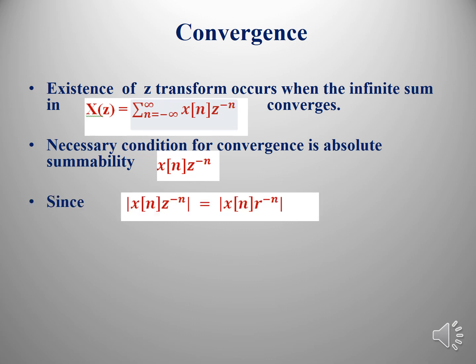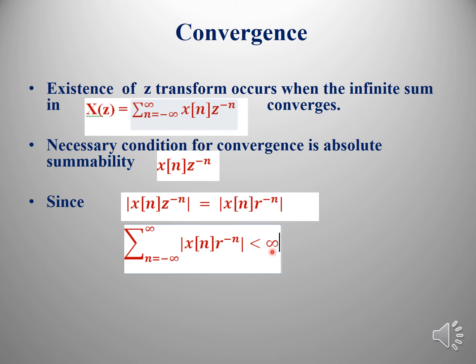And since the value of z, that is r e power j omega, is equivalent to r power minus n, we could substitute it as x of n z power minus n would be equal to x of n r power minus n, resulting in the absolute summability expression requirement as n is equal to minus infinity to plus infinity, x of n r power minus n is less than infinity, because z is equal to r e power minus j omega.